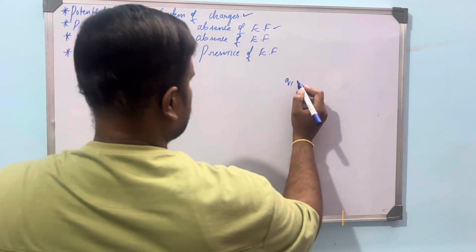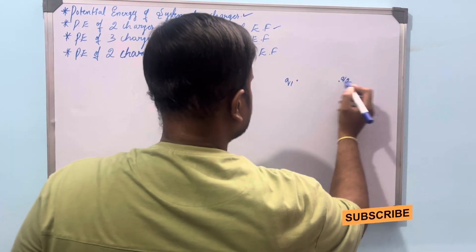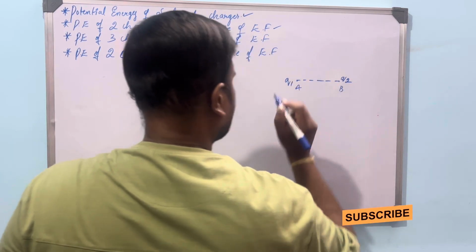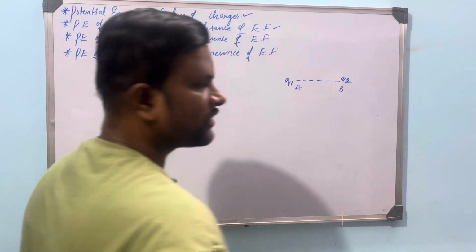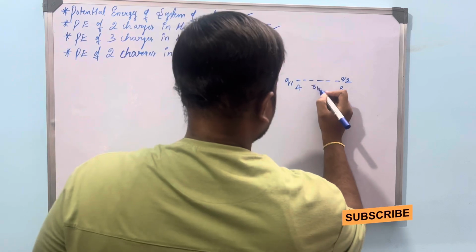Now if I want to bring the charge q2 from infinity, obviously I need to do some amount of work done. Why? Because of the interaction of the charge q1, in order to overcome the potential of the charge q1. Its position vector is r12.